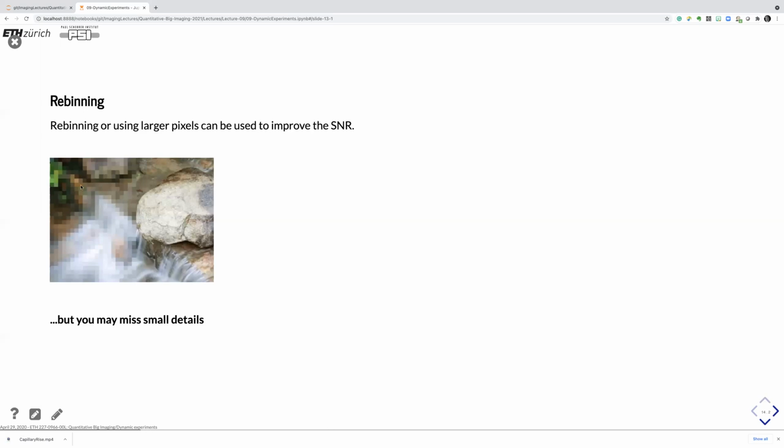And you can see the core structures. In some cases, this may be sufficient for your analysis. Then it's fine, and then you can go on even faster. But if you need the small details, like the cracks around here, they would be lost. So you have to be careful on this.